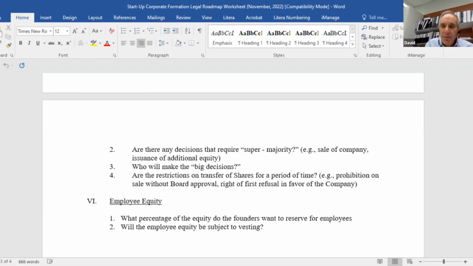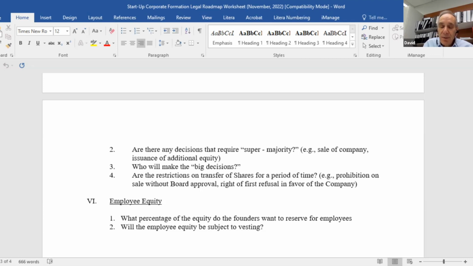The last piece is employee equity, and people like to have equity for employees. While it's beyond the scope of this, I'm a believer that you only give out equity to the extent you need it to attract or maintain employees. I don't believe in being overly generous with equity. Some people have a different view.